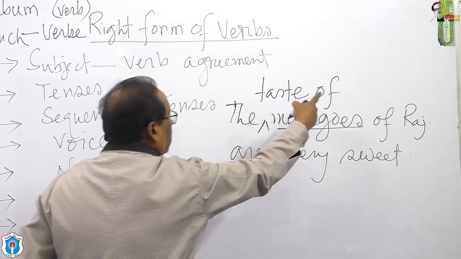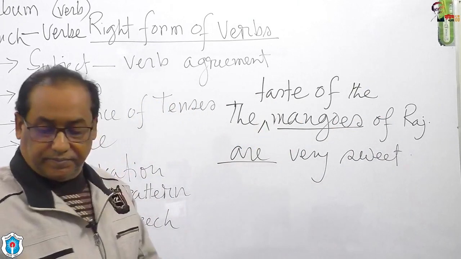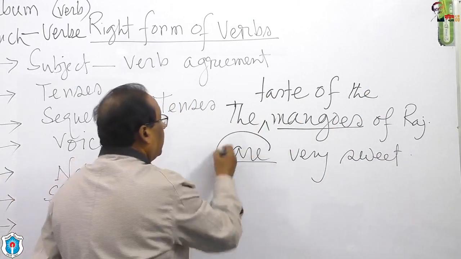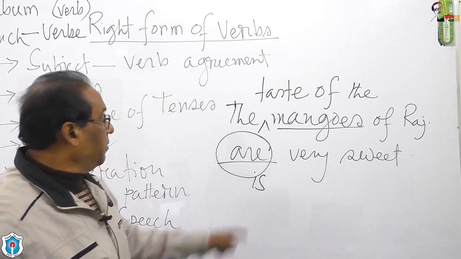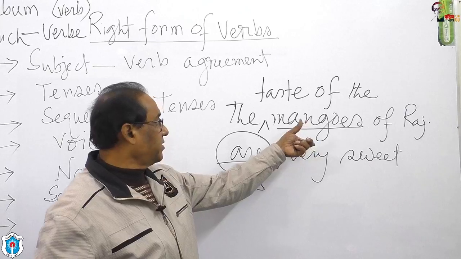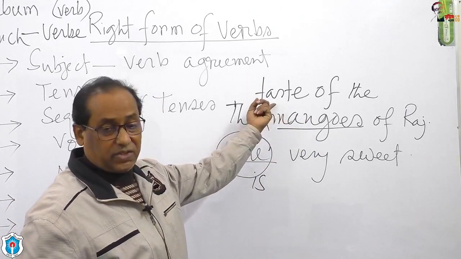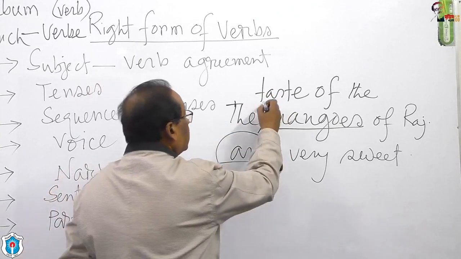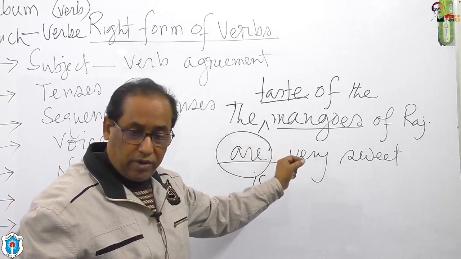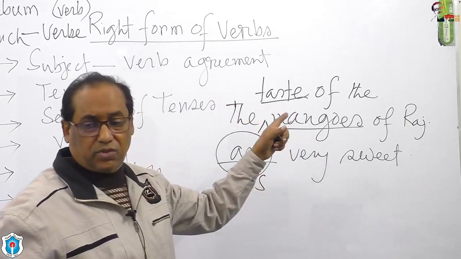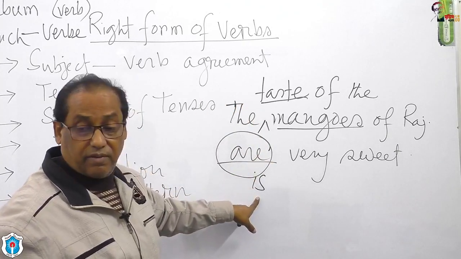then the verb is. Why? Because in this sentence the head word of the subject is taste. The taste, and it is singular. The taste of the mangoes, আমগুলোর স্বাদটা হয় মিষ্ট, স্বাদটা, it's singular, so it takes a singular verb.